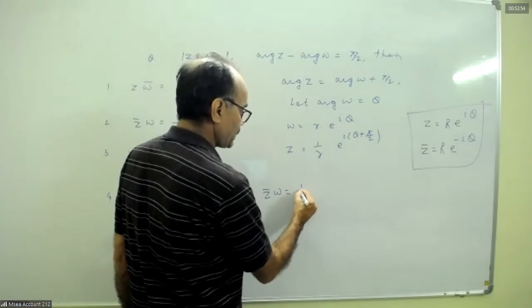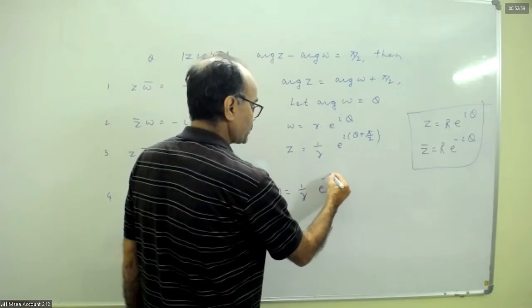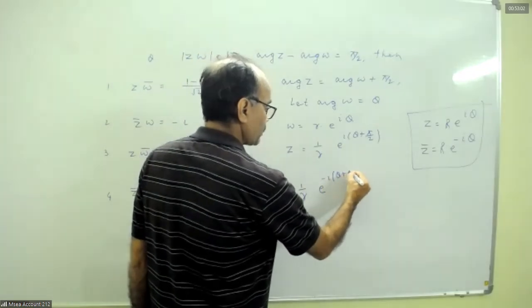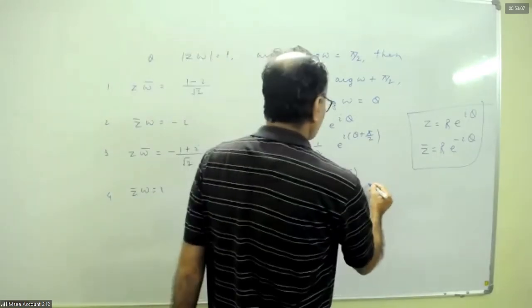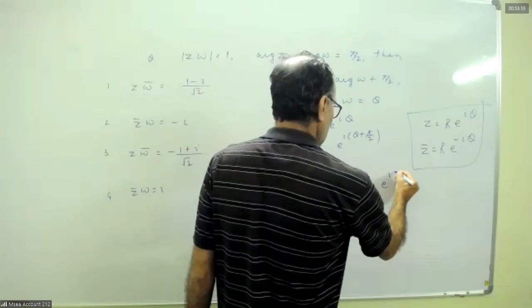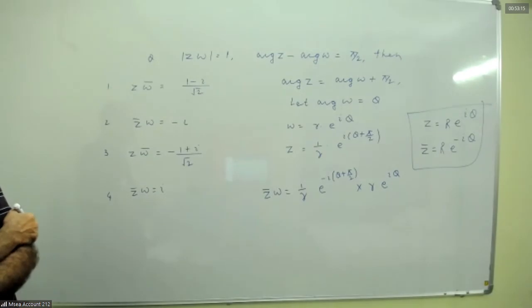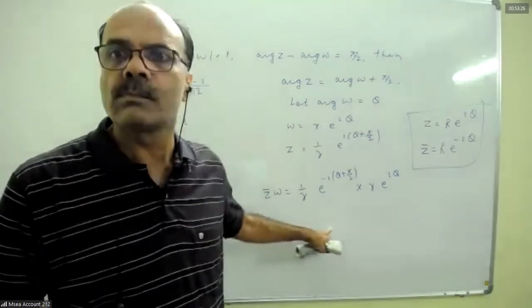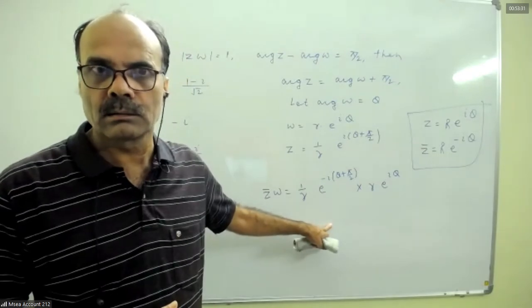Z conjugate will be 1 by R into e to the power minus I times of theta plus pi by 2, into W, R into e to the power I theta. Can I say it? Any doubt here? No, sir.